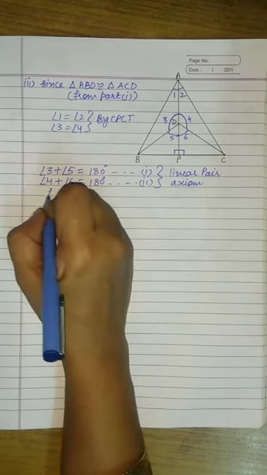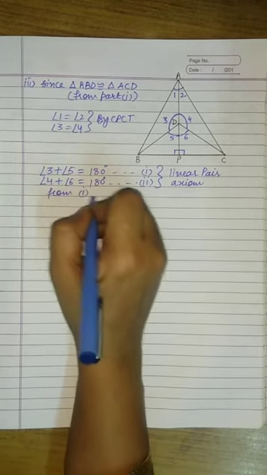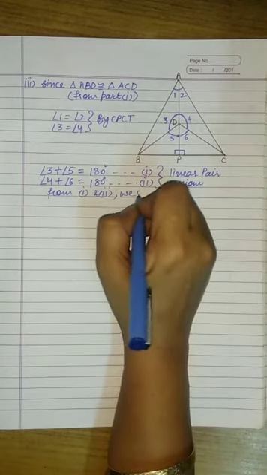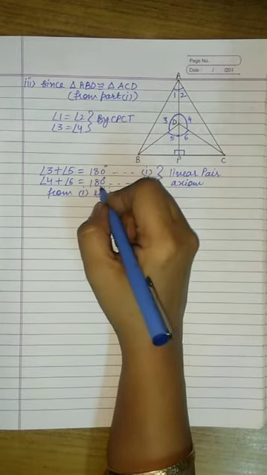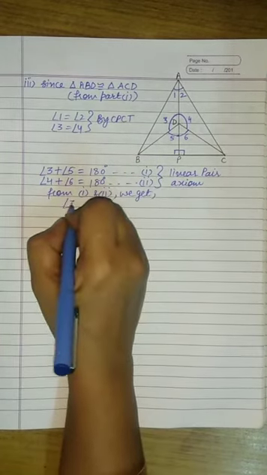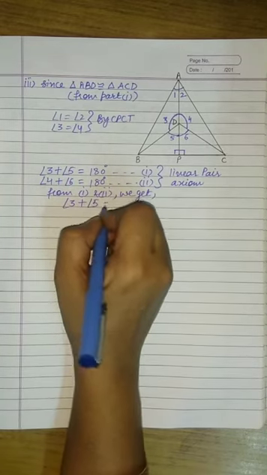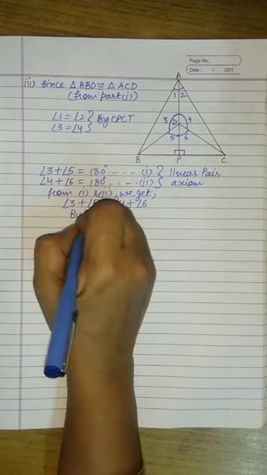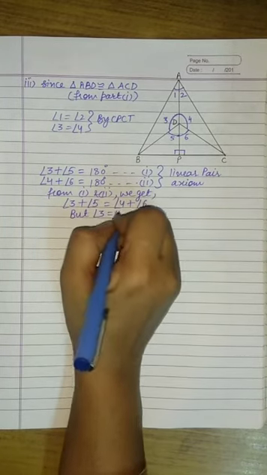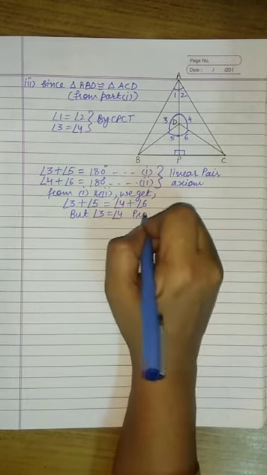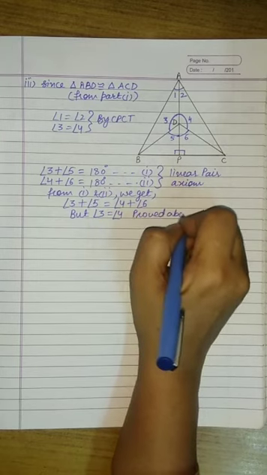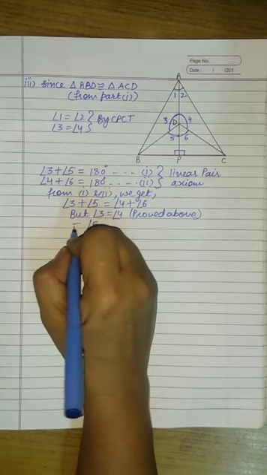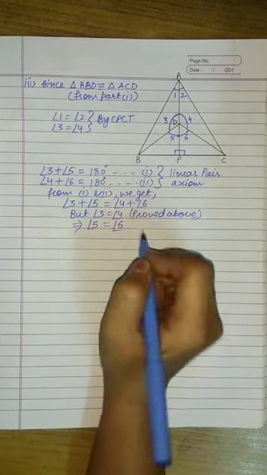So from equation 1 and 2, when we compare both these equations, we get right hand side is equal, so left hand side is also equal. So angle 3 plus angle 5 is equal to angle 4 plus angle 6. But angle 3 is equal to angle 4, proved above. Therefore angle 5 is equal to angle 6.